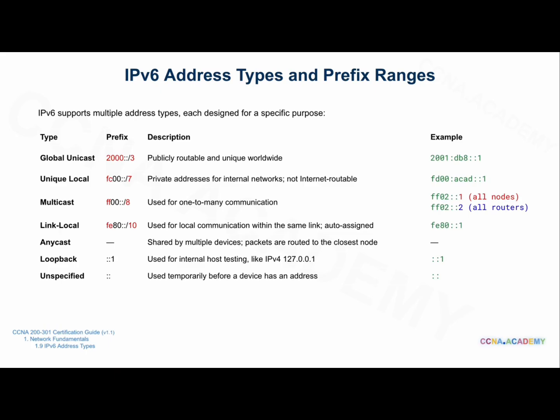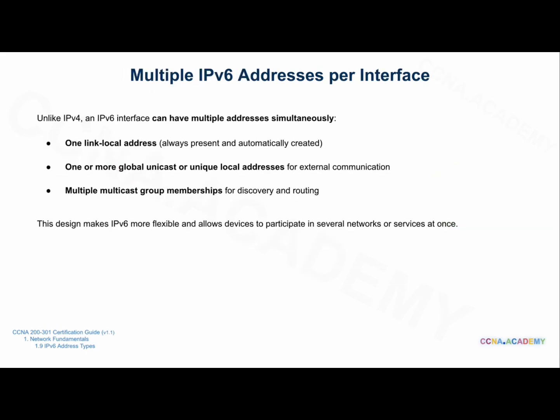It's for one-to-many communication. Link local starts with FE80 and has a /10 prefix. It's auto-assigned for local communication. Anycast shares one address across multiple devices, delivering packets to the nearest one. Loopback ::1 is for internal testing, and unspecified is used before a device has an address.